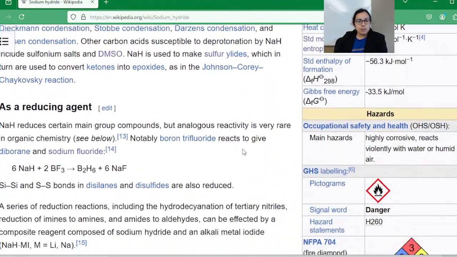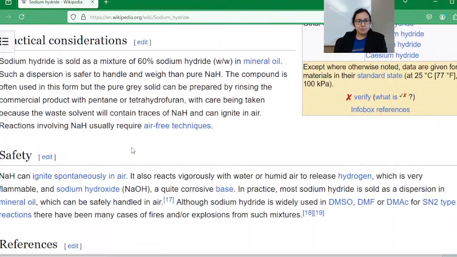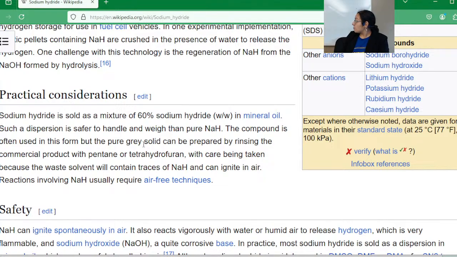And then oftentimes, under the practical considerations, it mentions how usually it's sold in this weird mineral oil thing. So it's like a gray powder, but covered in mineral oil. That's easier to handle, but then there's trace mineral oil anyways.